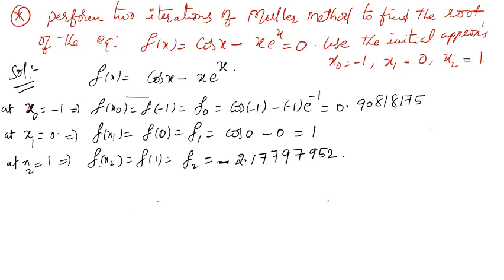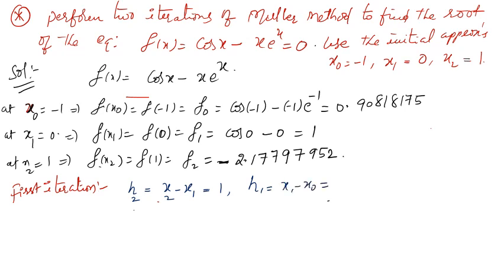Now first iteration. So remember the Muller method formula. In that, first I have to calculate h2, that is x2 minus x1, 1. h1, x1 minus x0.